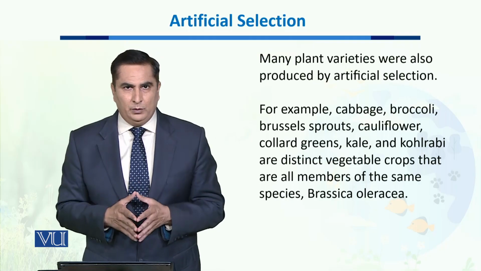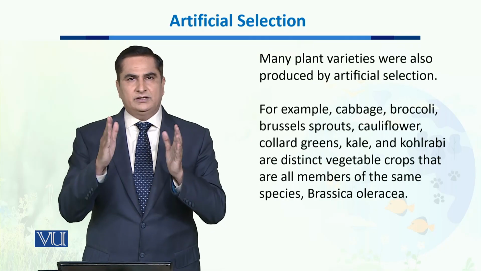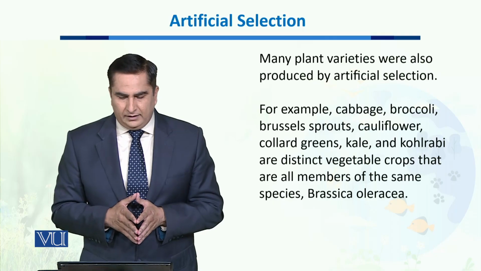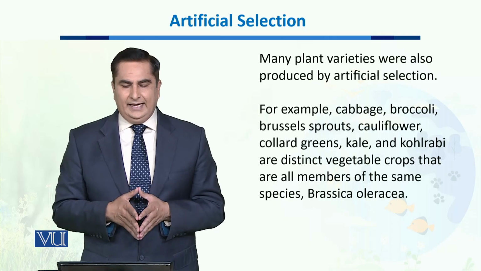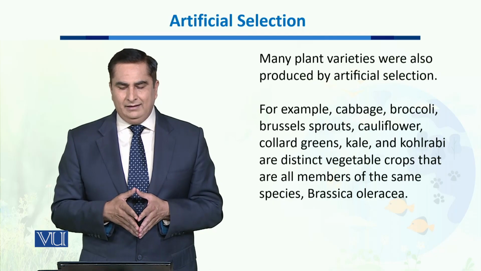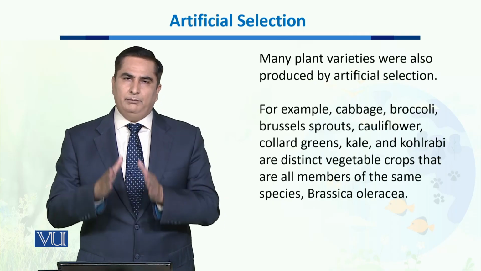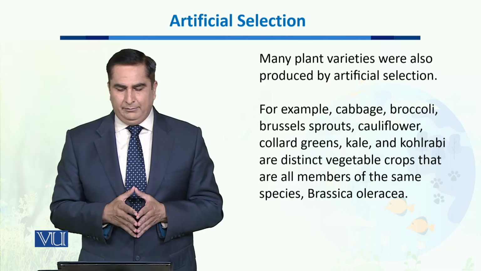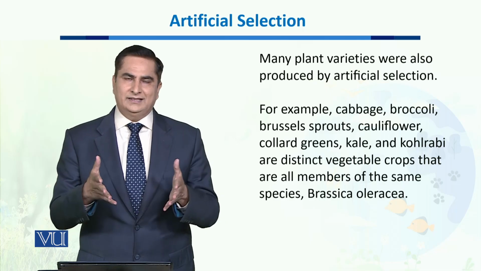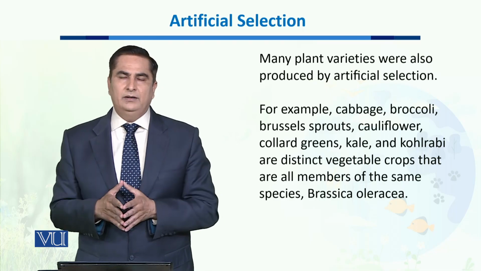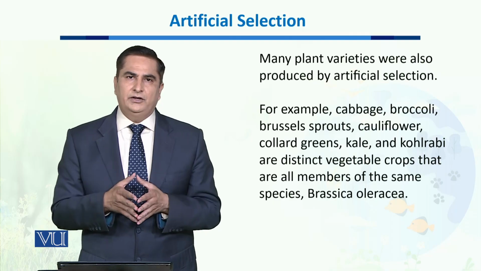They are very different from each other. Then we have Brussels sprout, cauliflower, collard green, kale, and kohlrabi, which are very distinct vegetable crops. They are all members of the same species, Brassica oleracea, but they have been developed through the process of artificial selection.